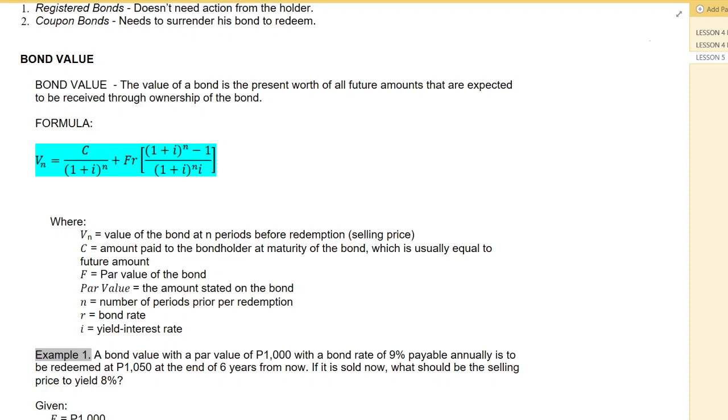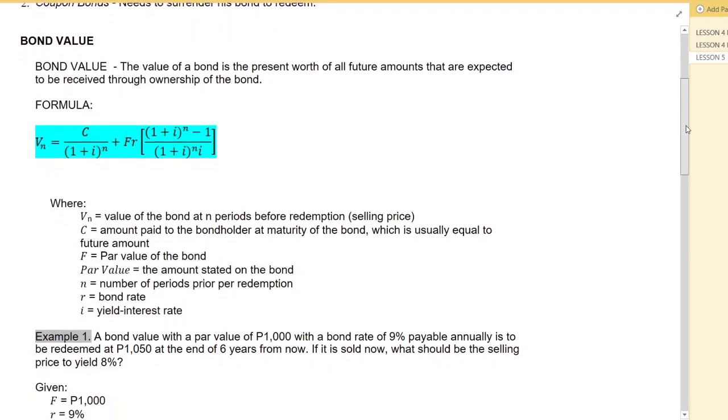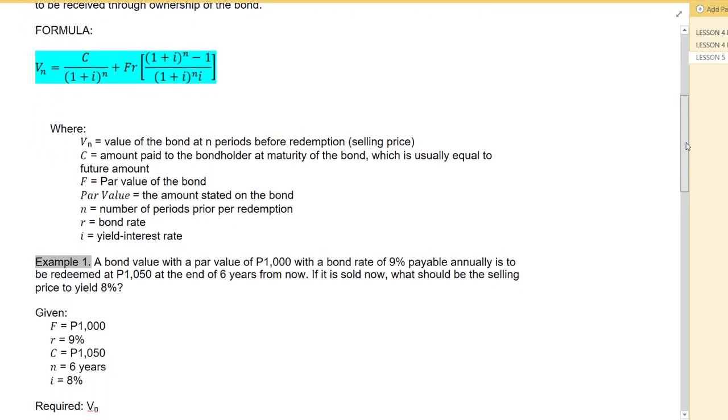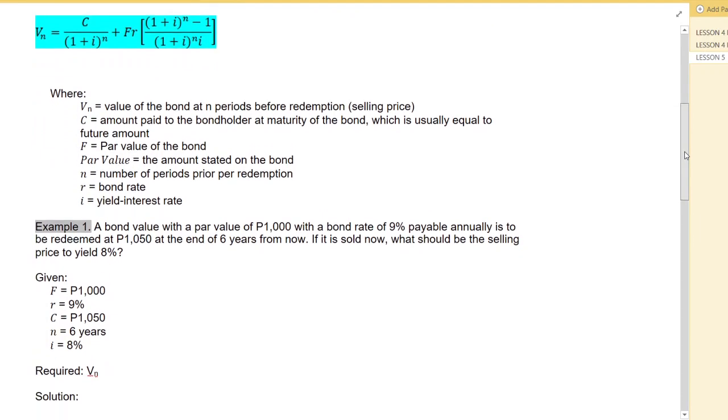So if you're going to define what is a par value, that is the amount stated on the bond, multiplied by r, that is the bond rate, and then multiplied by 1 plus I raised to n minus 1 divided by 1 plus I raised to n multiplied by the yield interest rate. Okay, so we have it there for n also, that is the number of periods prior to redemption.